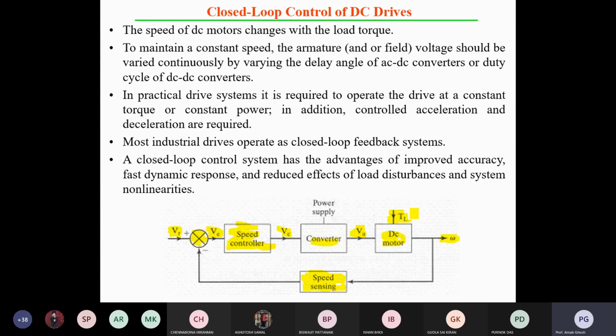If your motor is 500 watt or 1 kilowatt and you design a converter for 10 watt, there is a power mismatch and it will not work. As per the requirement of your motor power, the converter power must match. If motor power is 10 kilowatt, your converter should be more than 10 kilowatt.